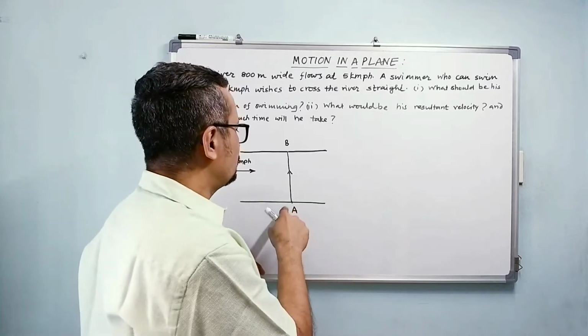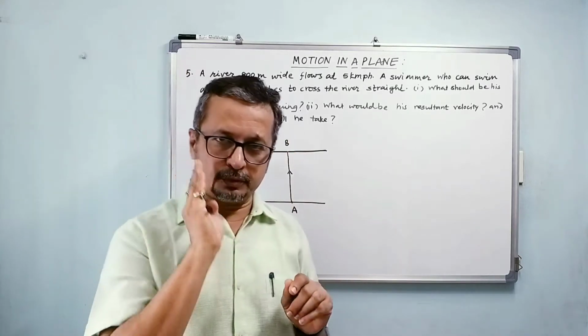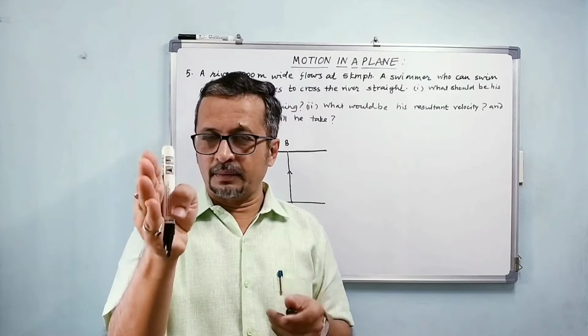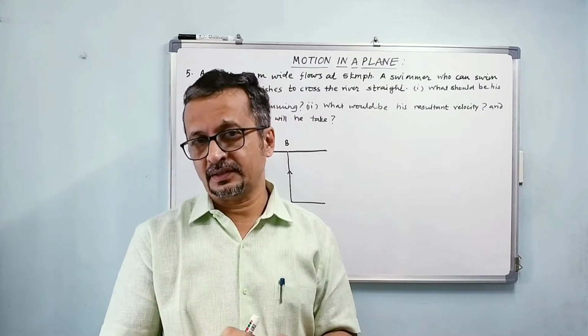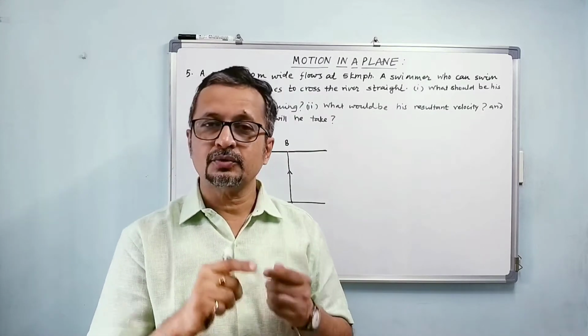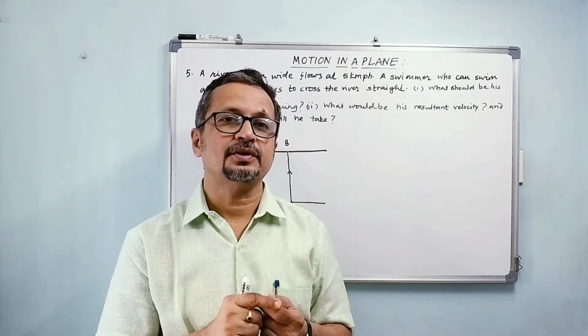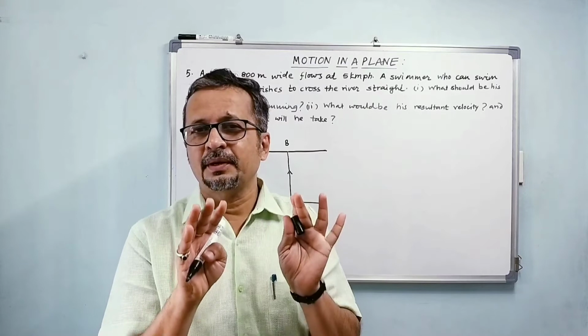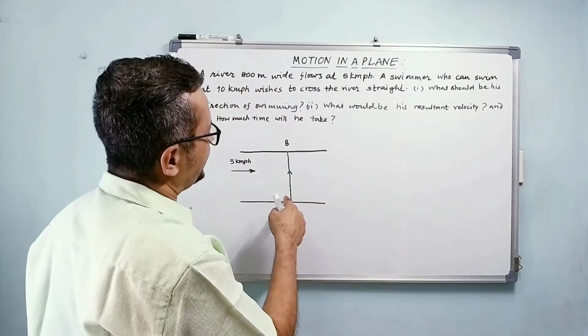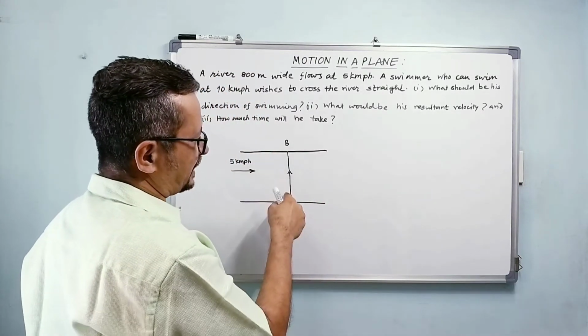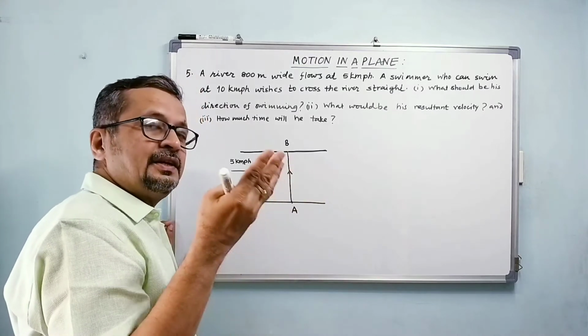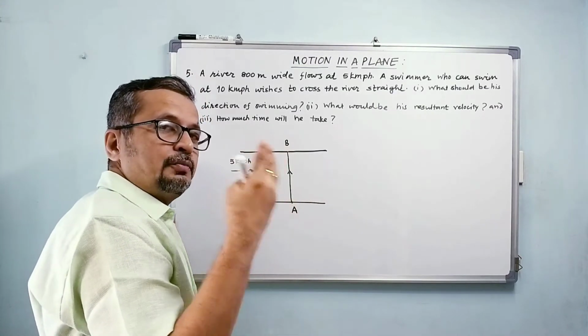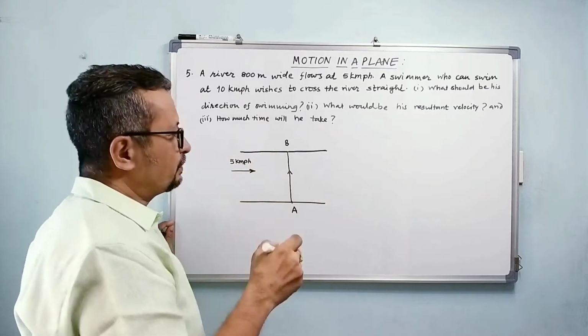He wants to go from A to B, straight opposite to where he is standing, isn't it? So what should he do? In which direction should he swim? So logically here, you can simply make out that he should take this direction. Exactly how many degrees, we don't know, but we can find that out.